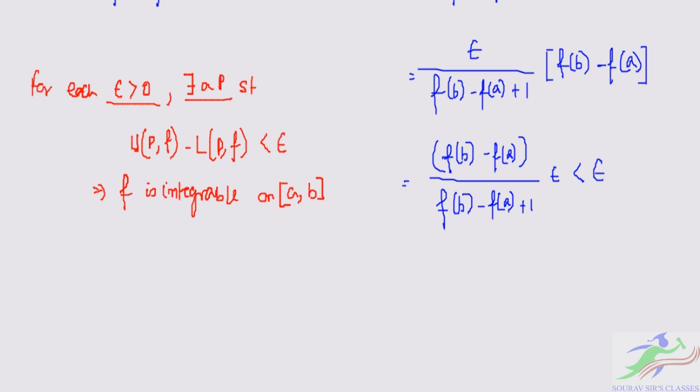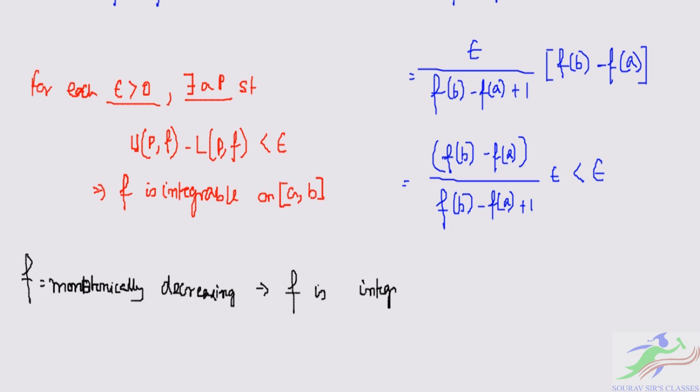Now this is for the case when f is monotonically increasing. For the case when f is monotonically decreasing in the interval a comma b, we can prove in the same way that f is integrable on a comma b.